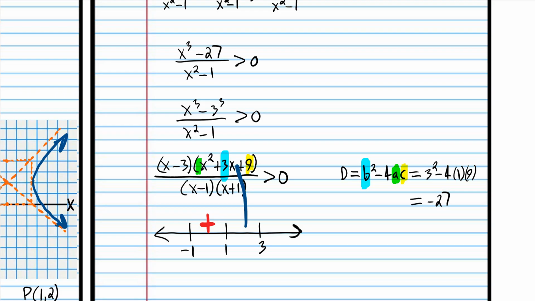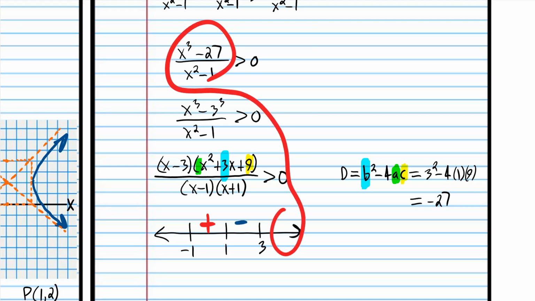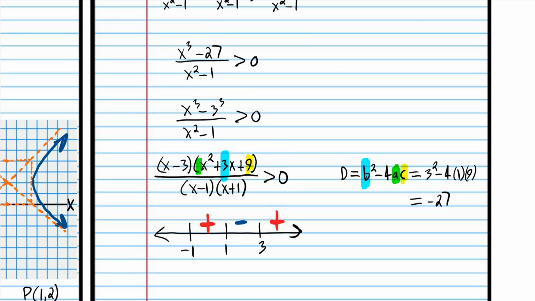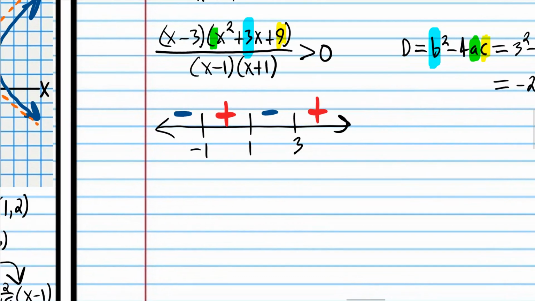If you plug in 2, you're going to get a negative number. If you plug in 4, you're going to get a positive number. And if you plug in negative 2 over here, you're going to get a negative number. So that's the sign chart. That tells us what the solutions are.